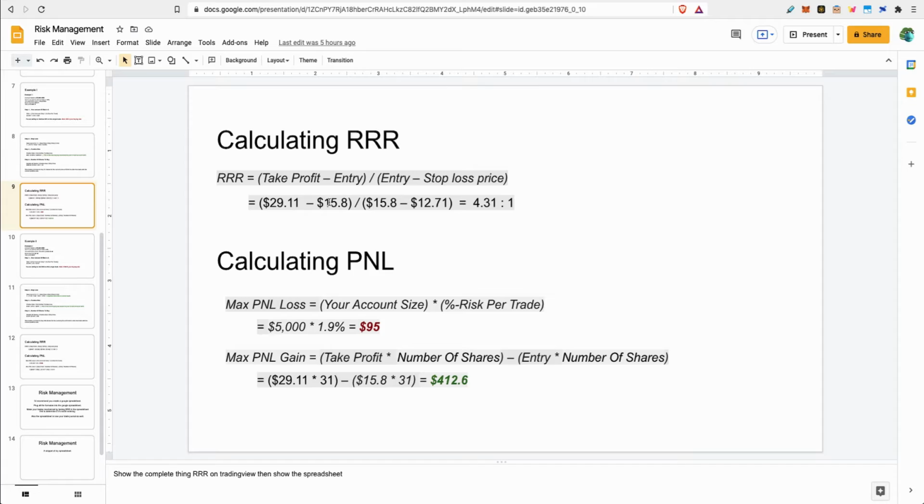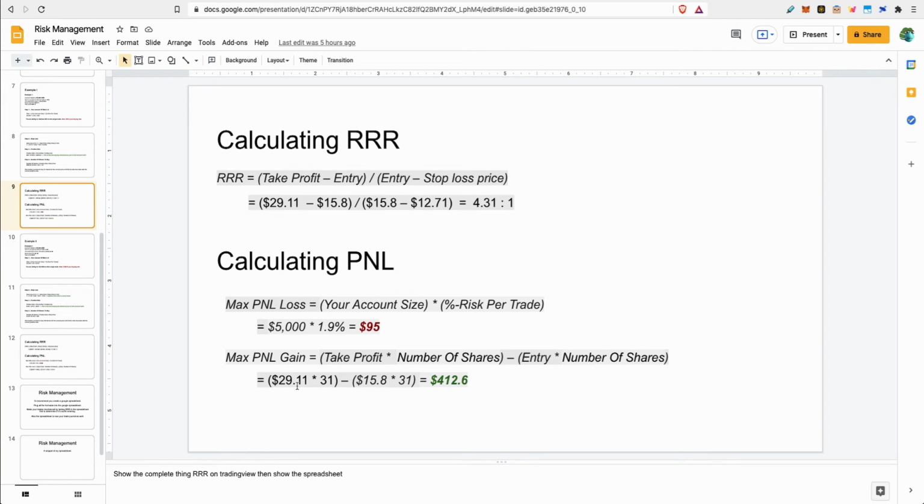Now you could calculate the maximum loss you can have on this trade, which is 1.9%, or $95. Your maximum gain is your take profit times your number of shares, minus your entry times your number of shares.